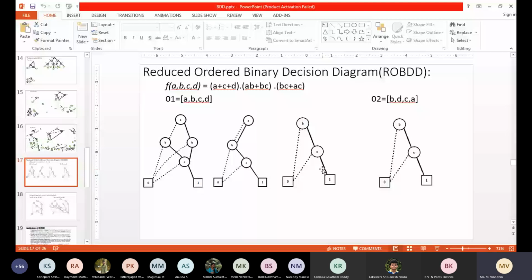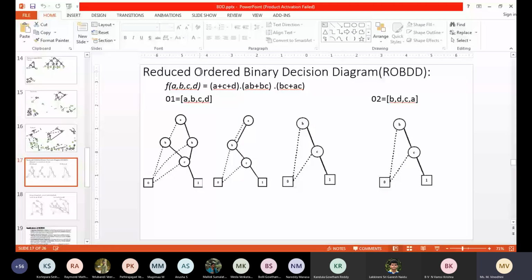If you do it in a random way, you can still draw the binary decision diagram, but you cannot call it an ordered binary decision diagram, or a reduced ordered binary decision diagram. If you look at the expression A, B, C, D here, and you take A first, B second, C third, and D fourth, then the binary decision diagram you finally get is called a reduced ordered binary decision diagram.